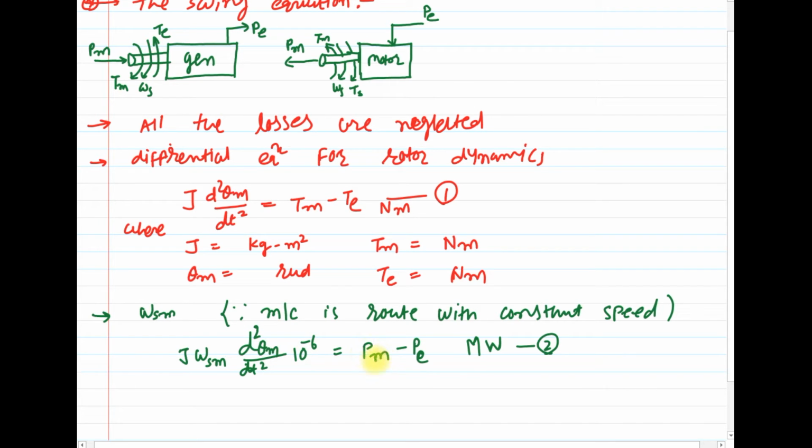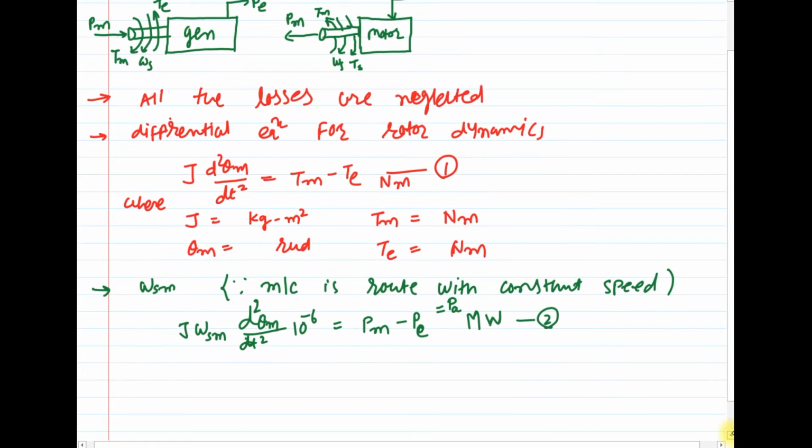It will produce the power which is equal to Pm minus Pe, or I can write it as Pa, which is the acceleration power. Clear? Here Pm is equal to the mechanical power input in megawatt, and Pe is equal to the electrical power output in megawatt.